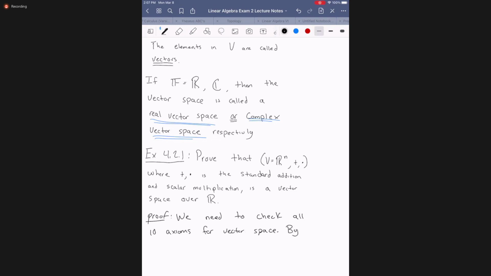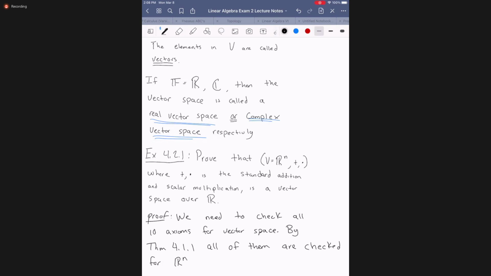But by Theorem 4.1.1, all of them are checked for R^n with the standard addition and multiplication. So again, this is why we call R^n a vector space. That's why we call every element in R^n, or even R^2, R^3, vectors, because by definition this whole space is a vector space. So by how we define a vector space, every element in there is a vector.